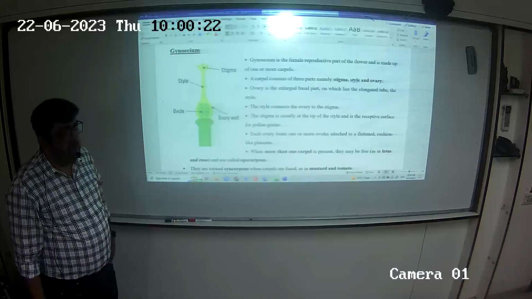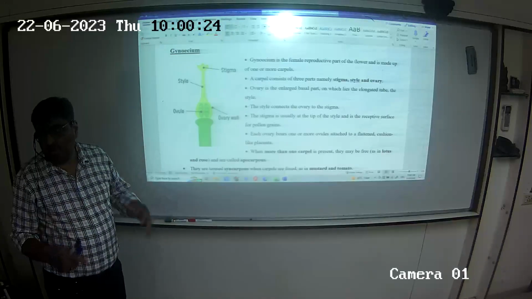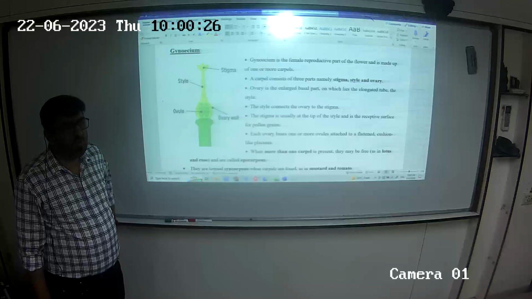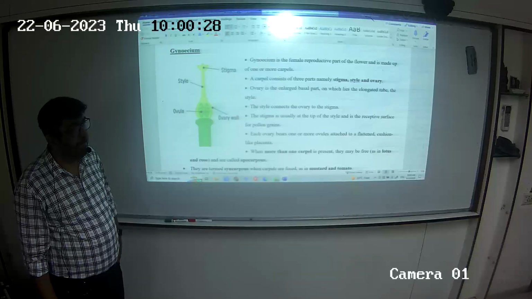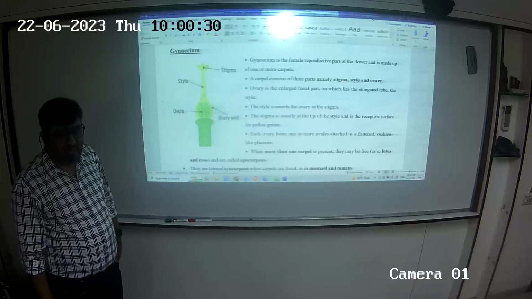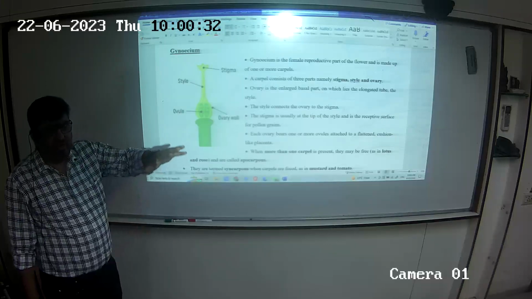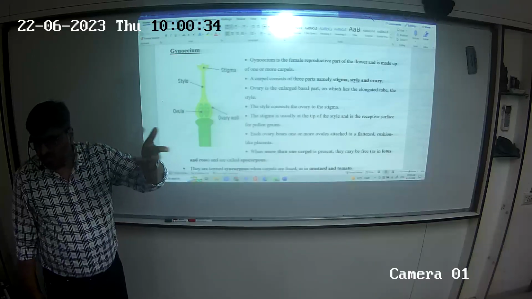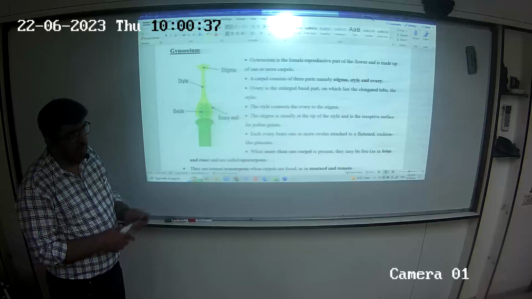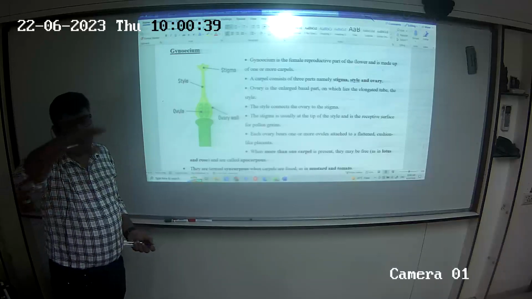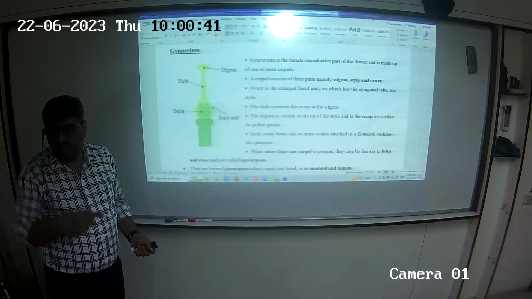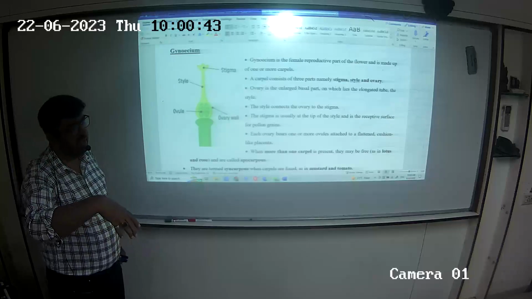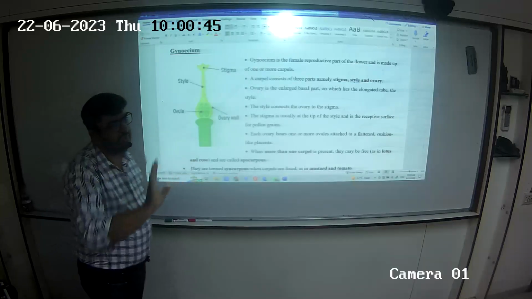Now inside the entire locule, you have a tissue which is called placenta. The position of the placenta can be variable. It could be on the margin of the locule, on the inner side, or central. Species to species it differs.